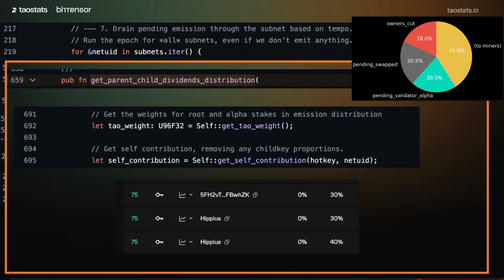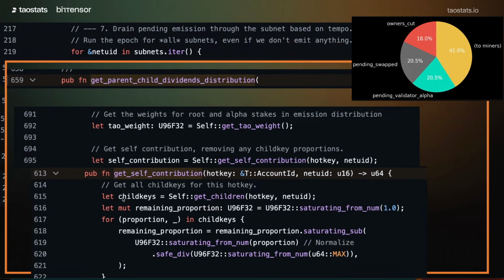They can actually create parent hotkeys on other children. So you can see in this example, tau stats has 30% to this hotkey, 30 to this one, and 40 to this one on subnet 75. So it's possible that the child hotkey isn't giving 100% of their emissions to their own child hotkey, and we need to calculate that.